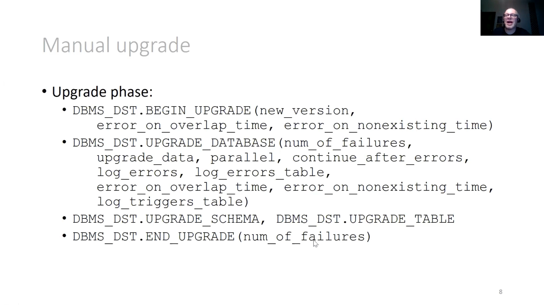However, if there were any unconverted tables from the upgrade process earlier, this number will be greater than 0, and the upgrade will actually not finish. So you will have to finish the upgrade of the failed tables. Otherwise, you won't be able to end the upgrade process.